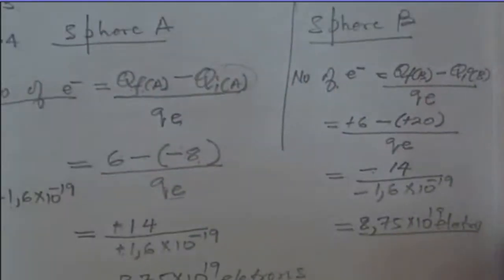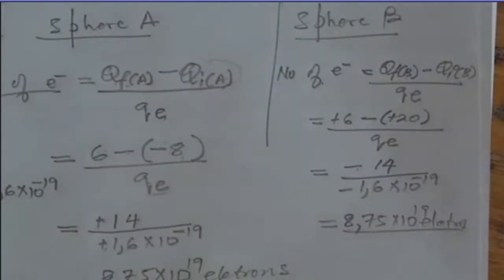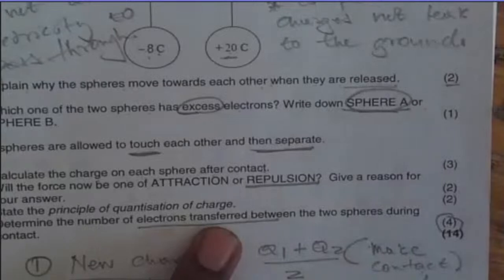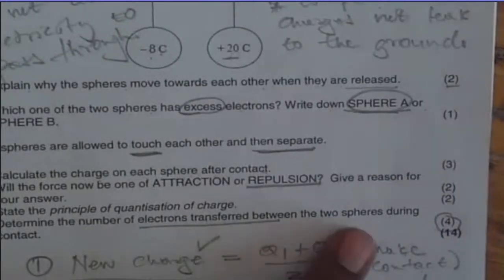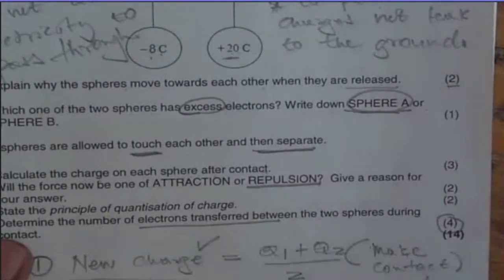This is how you calculate the number of electrons transferred between the two spheres during the contact.